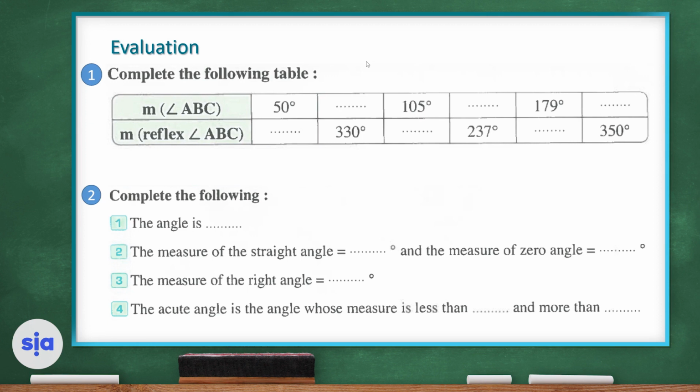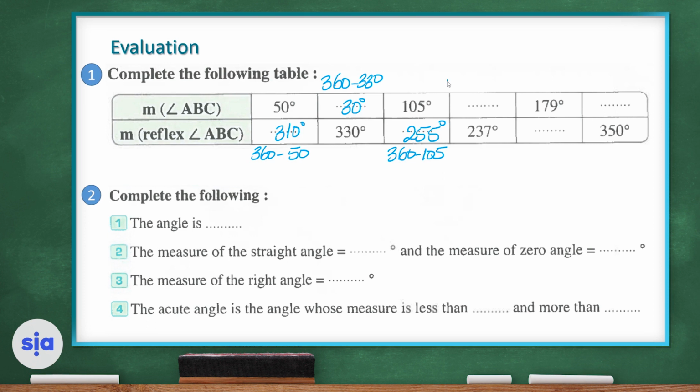Let's now see how to complete this table. To find the reflex angle, it's 360 minus the given angle. So it will be 310 degrees. To find the angle, it's 360 minus the reflex angle, which is 30 degrees. So in this one, 360 minus 105 is 255 degrees.